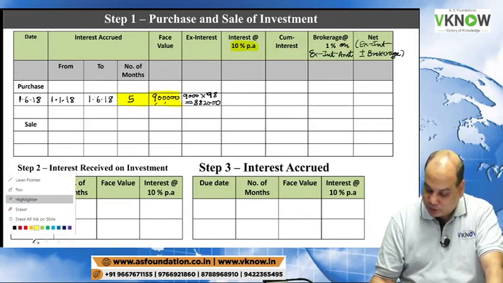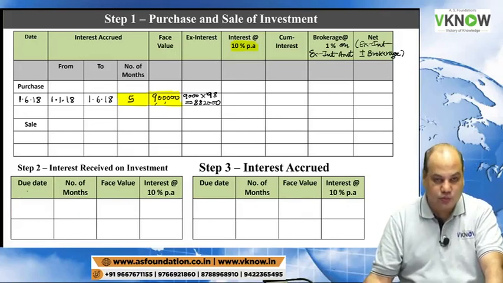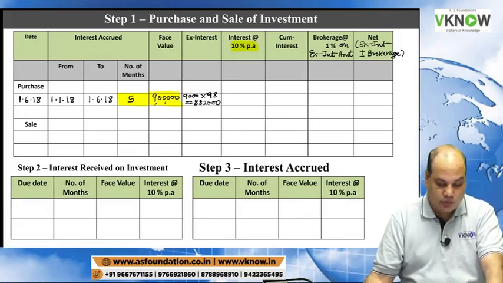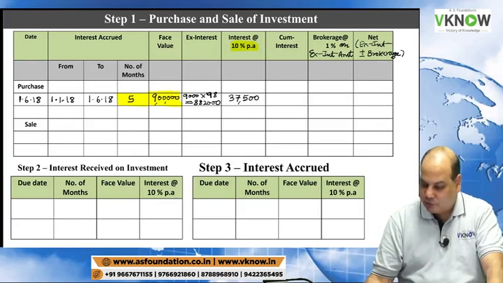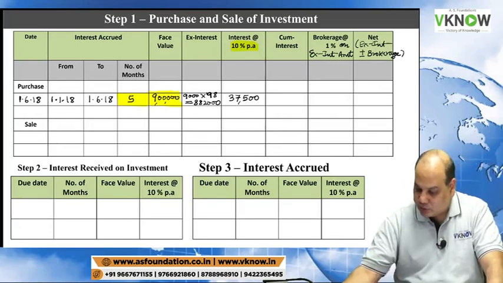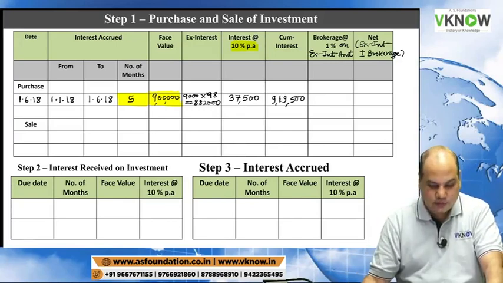The interest will be 9 lakh into 10% into 5 by 12, which is 37,500. So cum interest amount will be, after adding, 9,19,500.